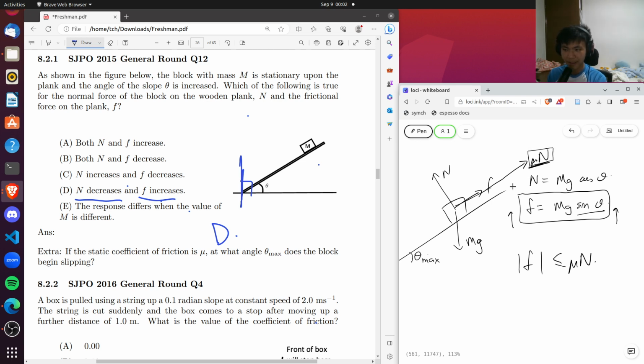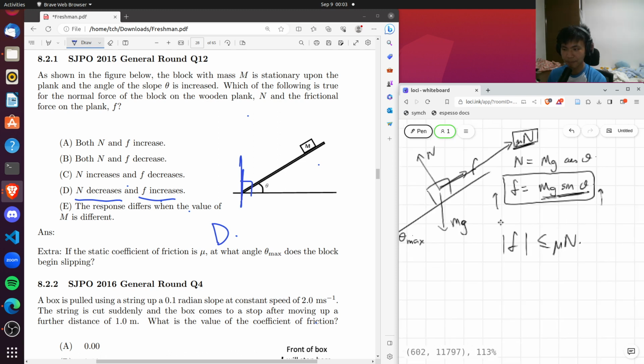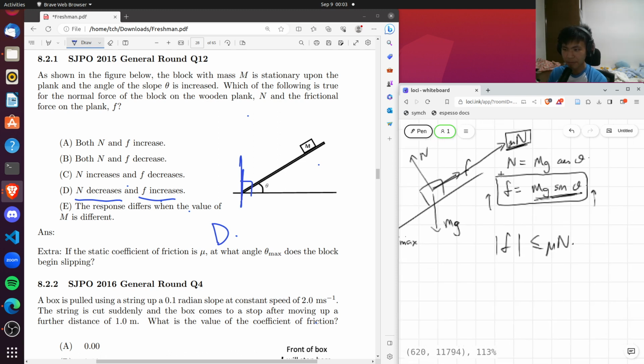And at that moment, if we increase the angle even further, then mg sine theta, the parallel component of the gravitational force, is going to eventually be bigger than F, and there'll be a net parallel force, and hence the object will start sliding. So basically, we have the answer right here.